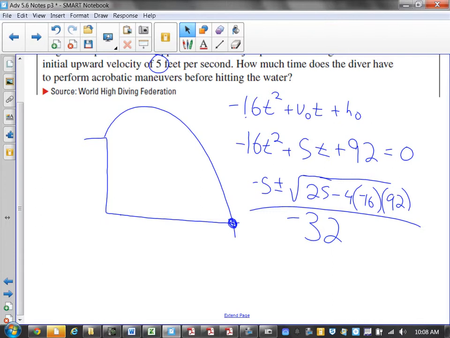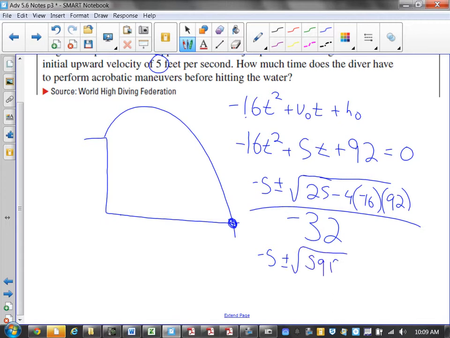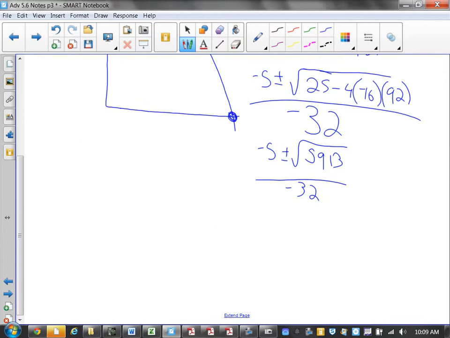So underneath my radical, I'm getting 5913. Everybody okay with that? Now, which one of these two values am I going to throw out? Whatever makes the negative.